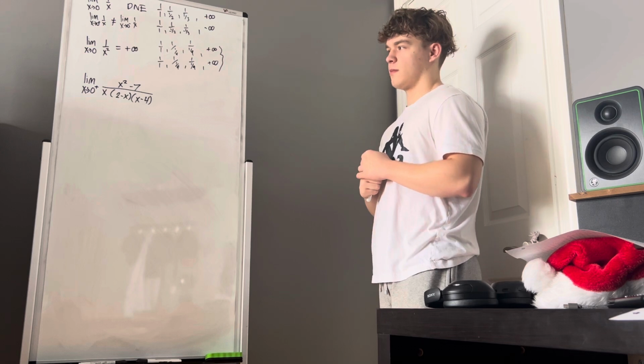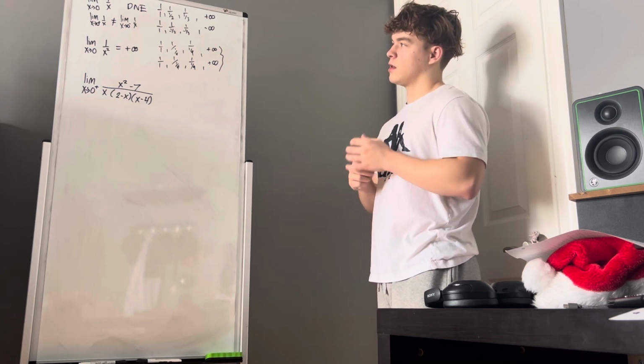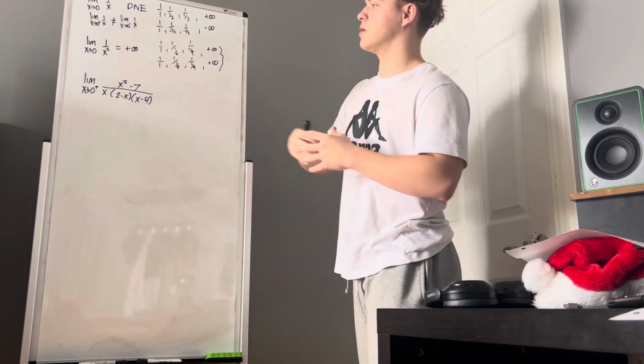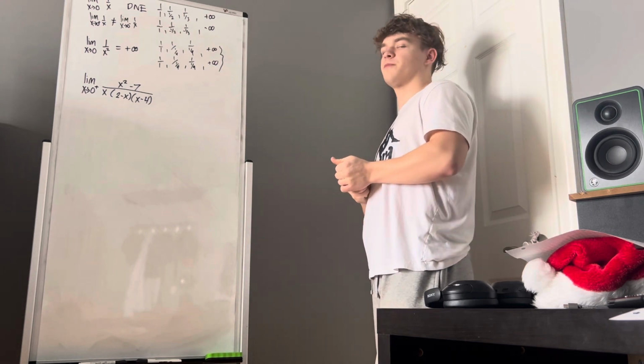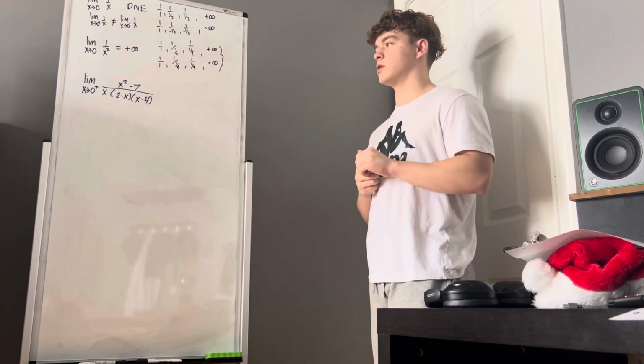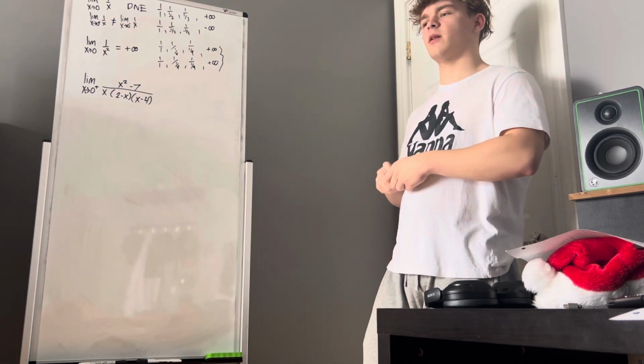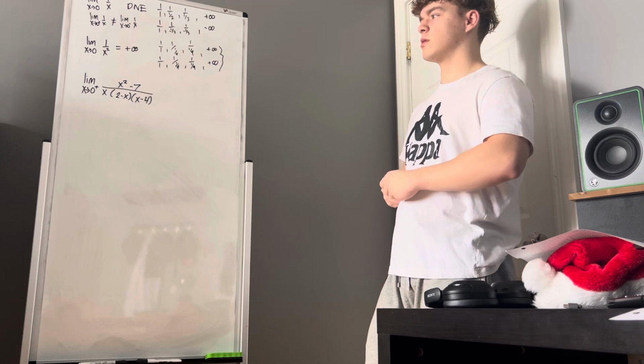So, let's use this to evaluate this. What we're going to use here is our limit laws, which I did forget to go over a bit, but they're pretty simple.